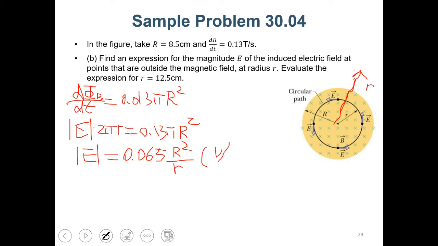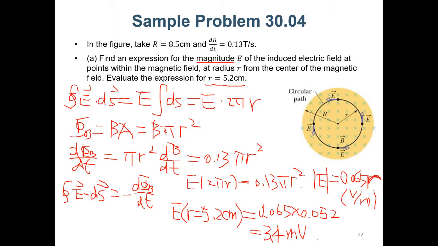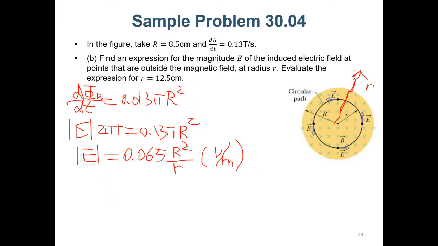Of course, the unit is the same, V/m. So actually, it is proportional to the inverse of the distance. For the previous case, it is proportional to r. For this case, it is proportional to 1 over r.